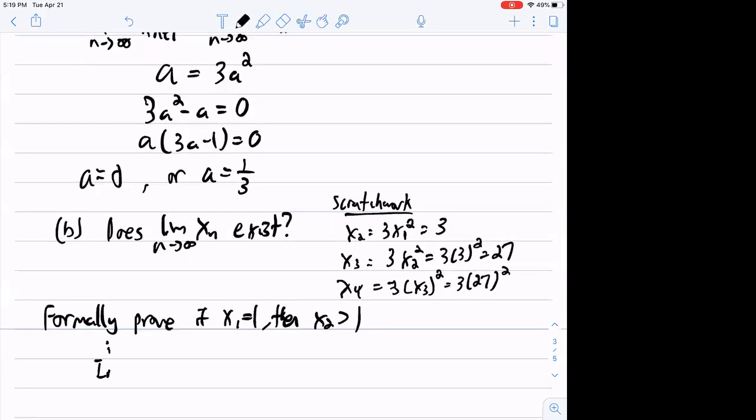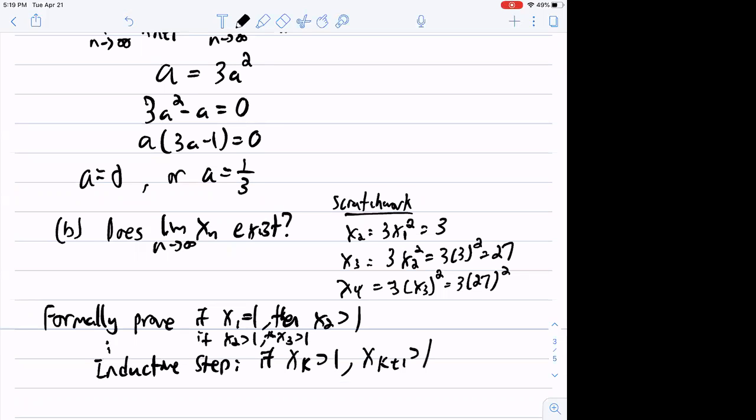Then the inductive step: if x2 is bigger than 1, I guess this is actually your base case, then x3 is bigger than 1. And then if xk is bigger than 1, then xk plus 1 is bigger than 1. Right, something like that, yeah.